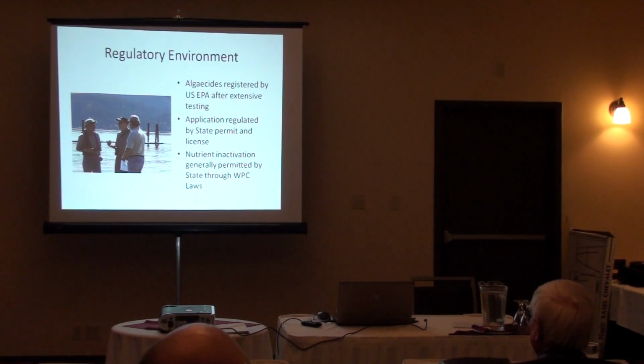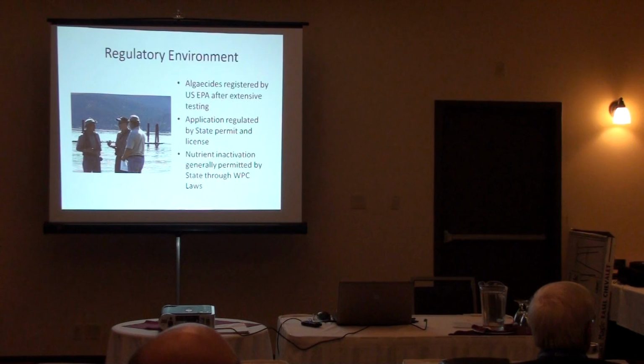And lastly, most states have a permit system. They've looked at their particular water quality issues within their state and come up with a permit system that regulates how these things go in the water. Copper algaecides are a good example.